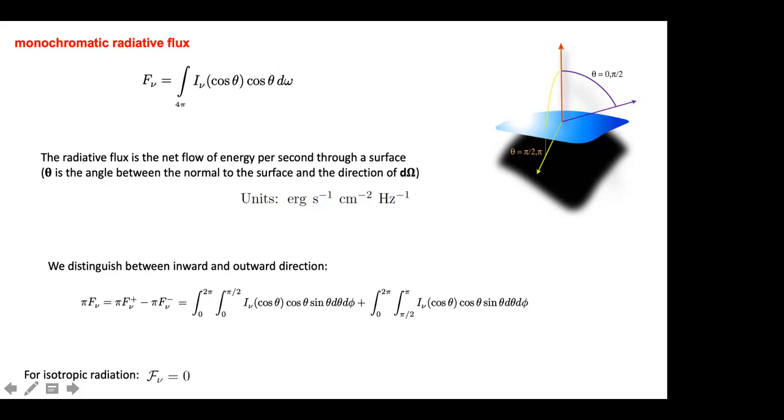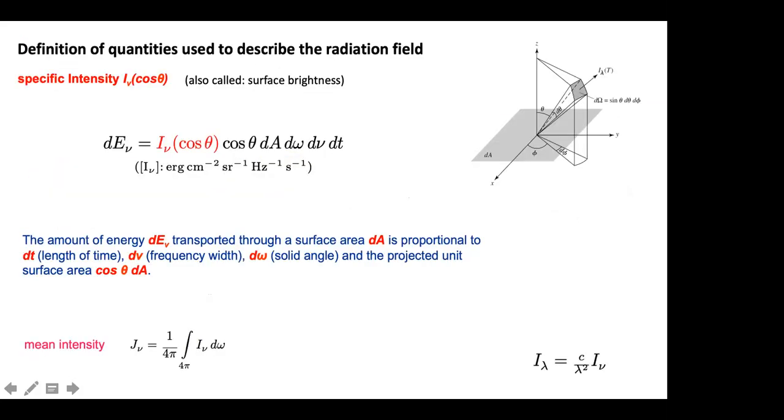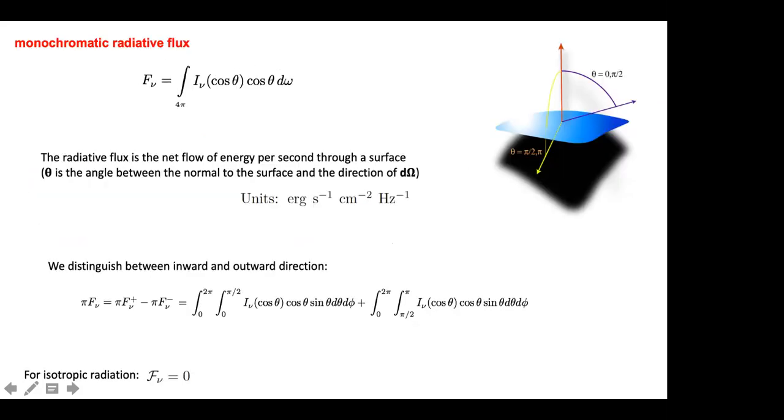Because this is the emission, but goes with solid angle, but also with the direction. And of course, the units: if it is integrated per solid angle, and you consider the dimension of the intensity, and you integrate with solid angle, so the dependence of solid angle disappears. Easy. It's energy per second, per area, and per frequency.